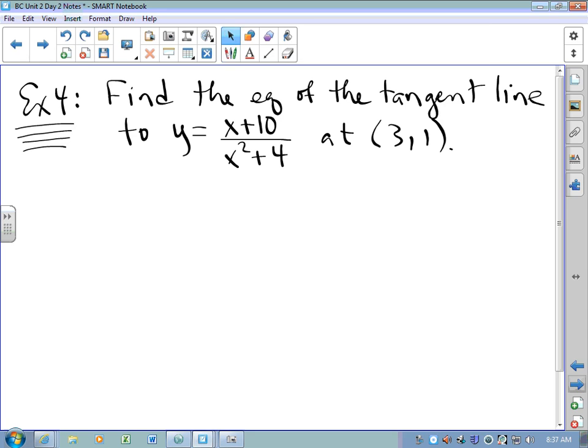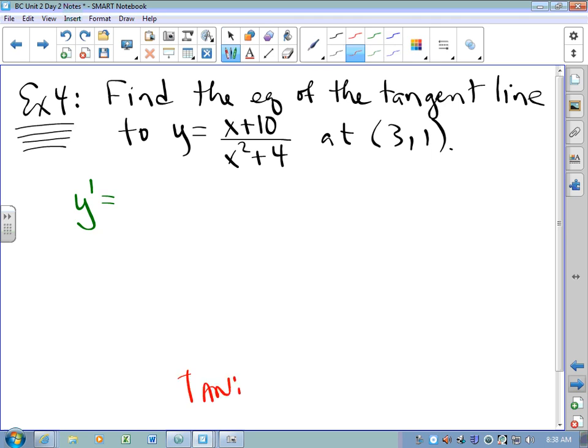Equation for the tangent. How do we do that? Well, first we need a slope of the tangent. Because see, here's what's really happening. The tangent line looks like this: y minus y1 equals x minus x1 multiplied by the slope. That's going to be the slope.